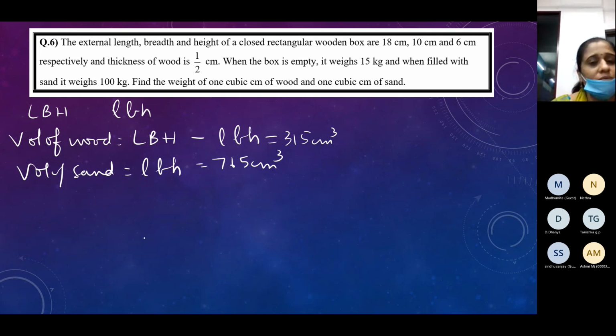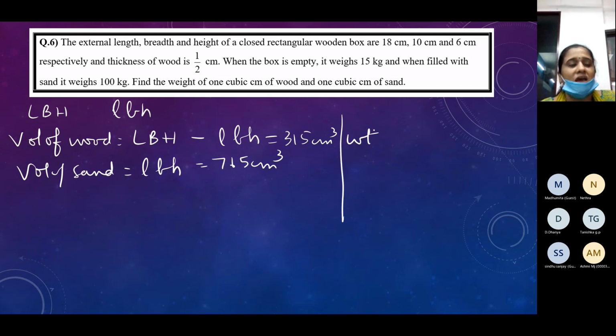All right. Now, how do we proceed? We need to next find the weight of each. We have the volume now. The two things in the question are wood and sand. We found the volume of wood, external volume minus internal volume, and we found the volume of sand. Now let's find the weight of wood. What's the weight of wood? 15 kgs.